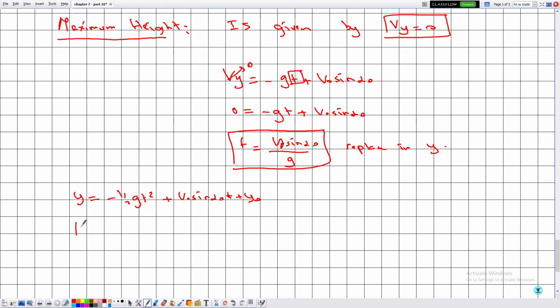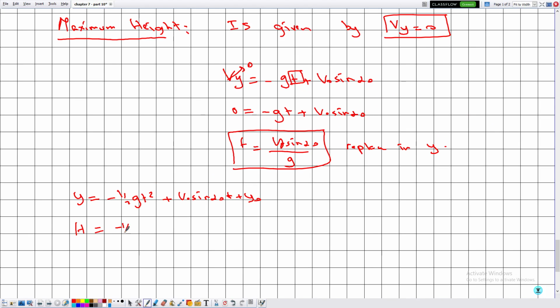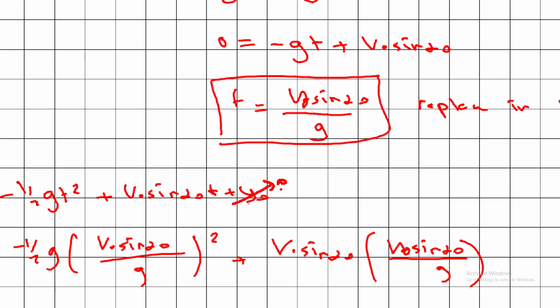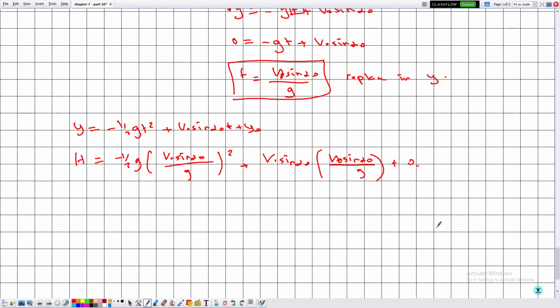So this will be capital H for the maximum height. Y is replaced by capital H, which is minus half g into v0 sine alpha 0 divided by g to the power 2 plus v0 sine alpha 0 multiplied by v0 sine alpha 0 divided by g, and suppose y0 is given by 0. So capital H is given by minus half.